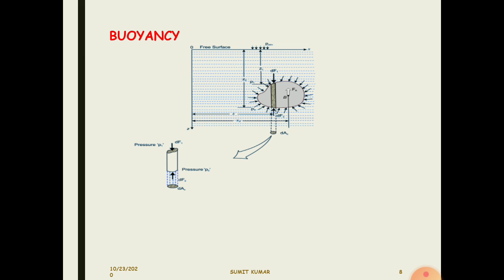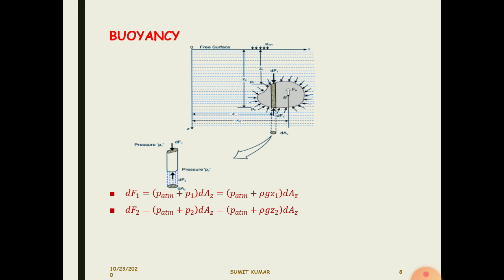Consider a solid body of arbitrary shape completely submerged in a homogeneous liquid as shown in this figure. To calculate the vertical component of the resultant hydrostatic force, the body is considered to be divided into a number of elementary vertical prisms. The vertical forces acting on the two ends of such a prism will be the pressure acting on the ends multiplied by the concerned cross-sectional area.